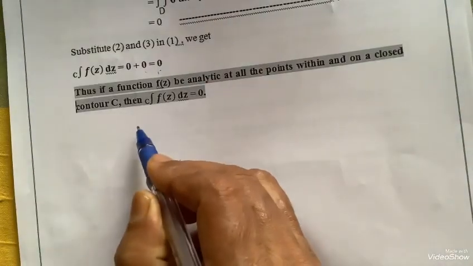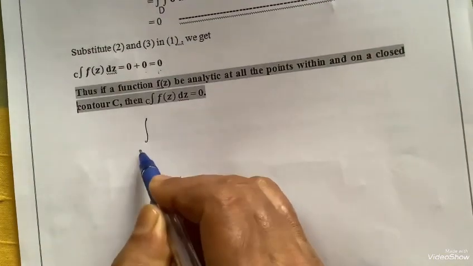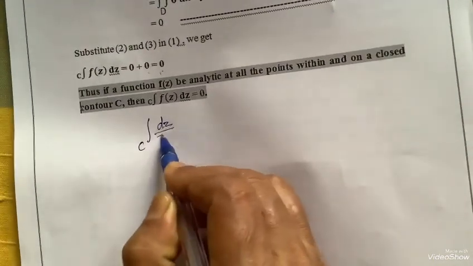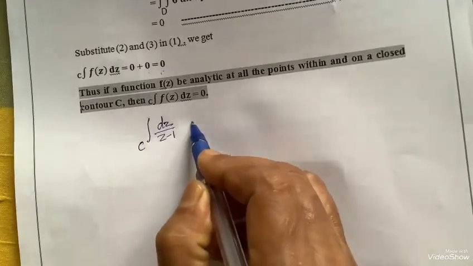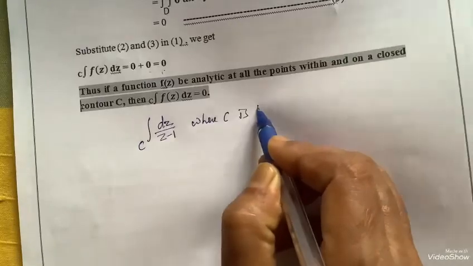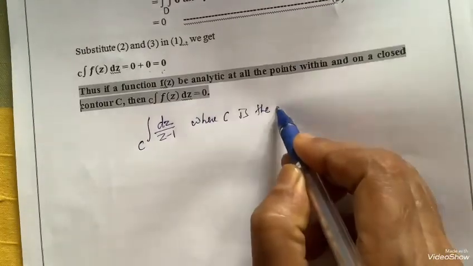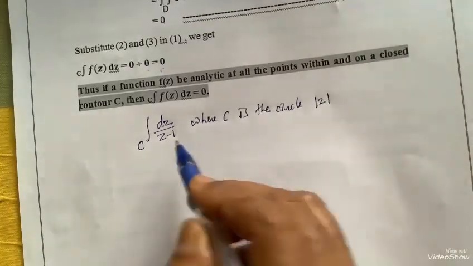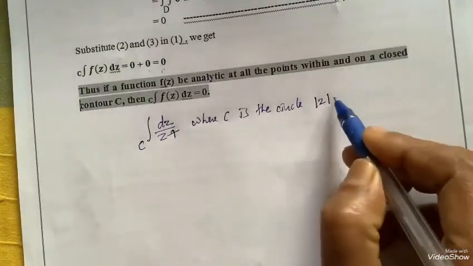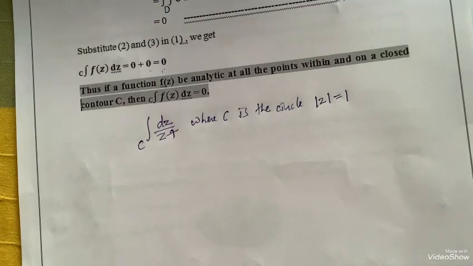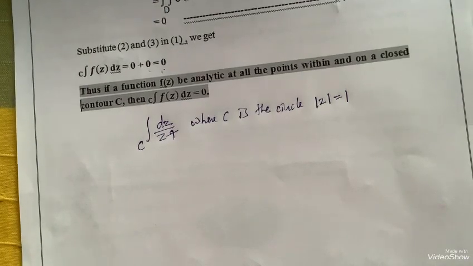You just see one example I will mention: integration of dz divided by z minus 4, where C is the circle, mod z is equal to 1. That's why in the bridge course I told you about the equation of a circle, whether the point is inside or outside.